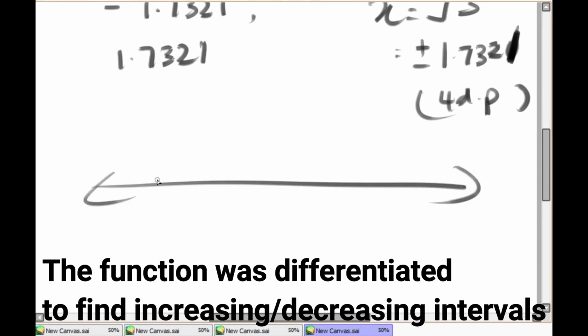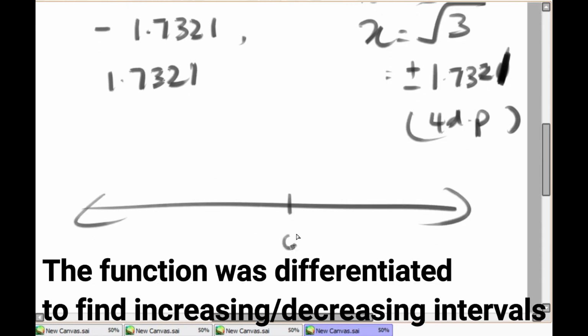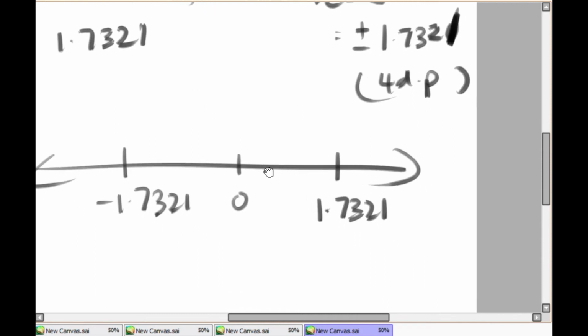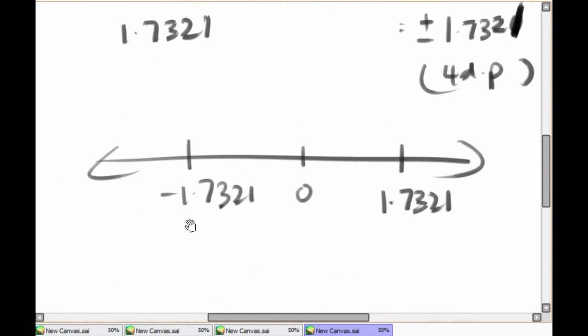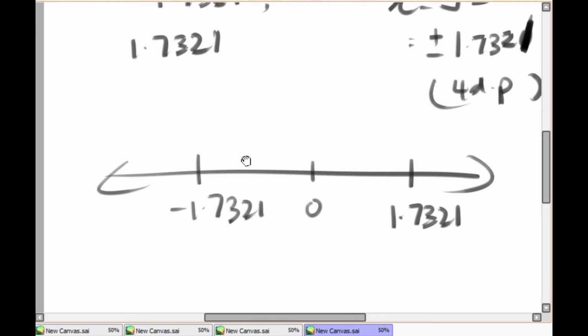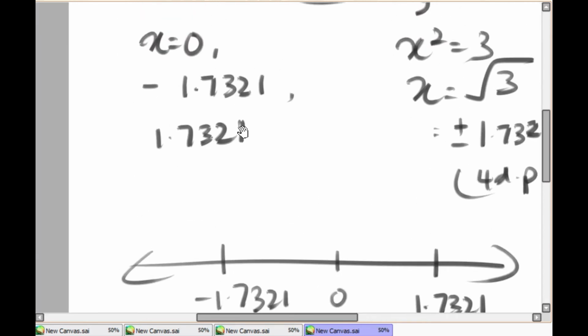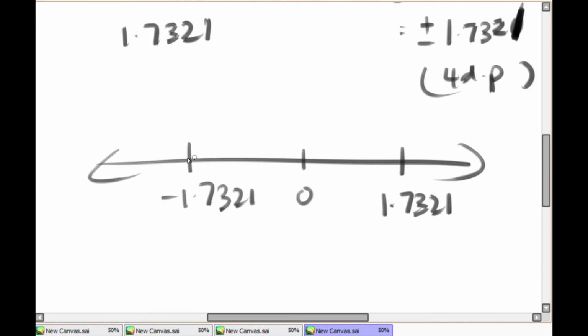Like this, and then we can find the increasing and decreasing intervals. To find whether it's increasing or decreasing, first we've got to establish what the positives and negatives are in this number line. To find that, we can sub in any values smaller or bigger than our critical points.